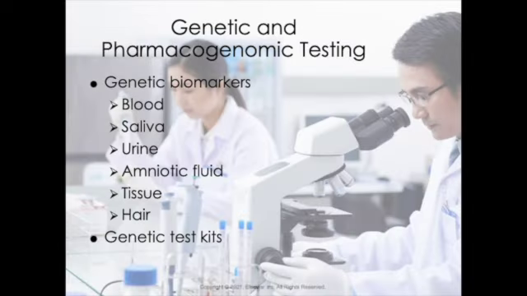Okay, we're winding down. Last couple of slides, genetic and pharmacogenetic testing. We have genetic biomarkers like blood, saliva, urine, amniotic fluid, tissue, and hair, and genetic testing. And so to perform complete testing, providers have to have access to facilities that can actually do these things, or facilities that they can refer out to do these things, right?